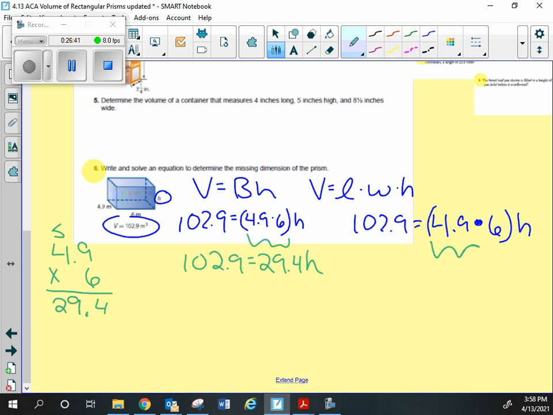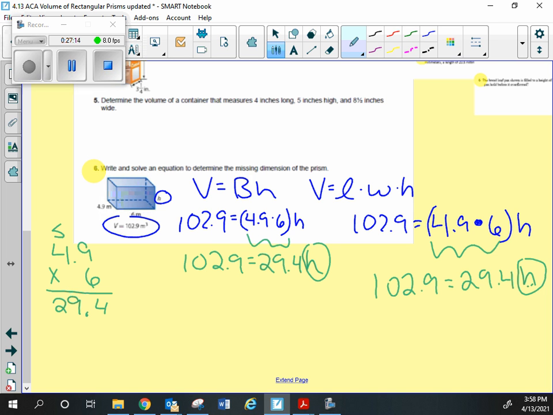Same thing over here. Again, you only have to pick one of these two. But no matter what, when I'm solving for H, what am I going to need to do? If I want to get H by itself, what's happening to H?